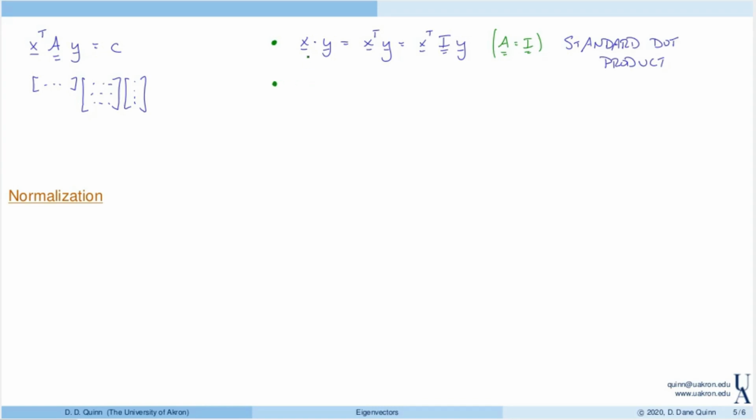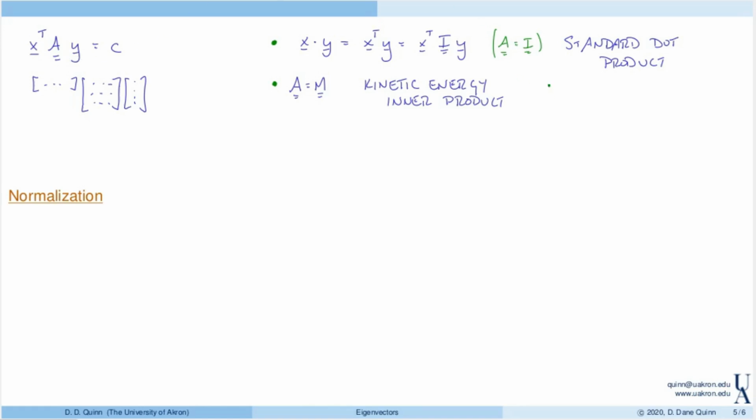Now, if we choose instead a to be equal to m, then we have what's known as the kinetic energy inner product. That's the name we give to that expression, x transpose times m times y.